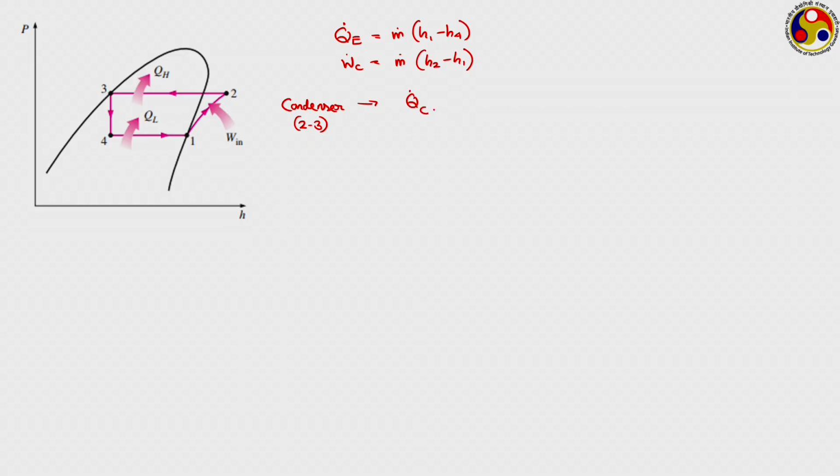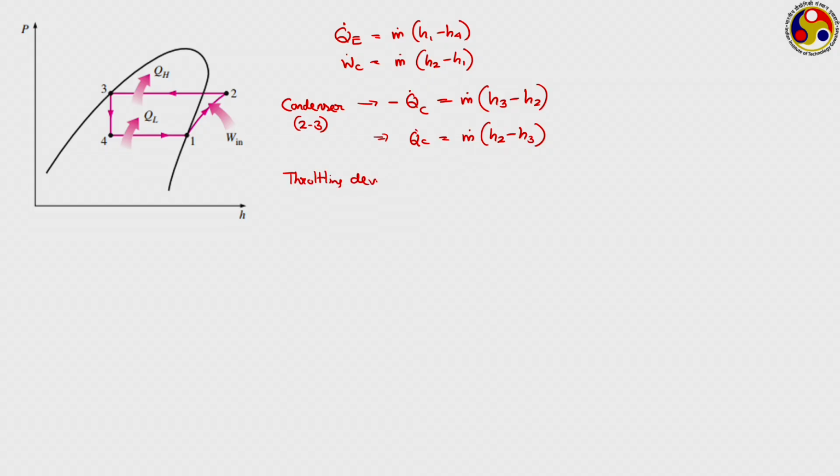So, Q dot C, and this heat is being rejected by the system, so it is negative, equal to m dot into h3 minus h2, which gives you Q dot C equal to m dot into h2 minus h3.